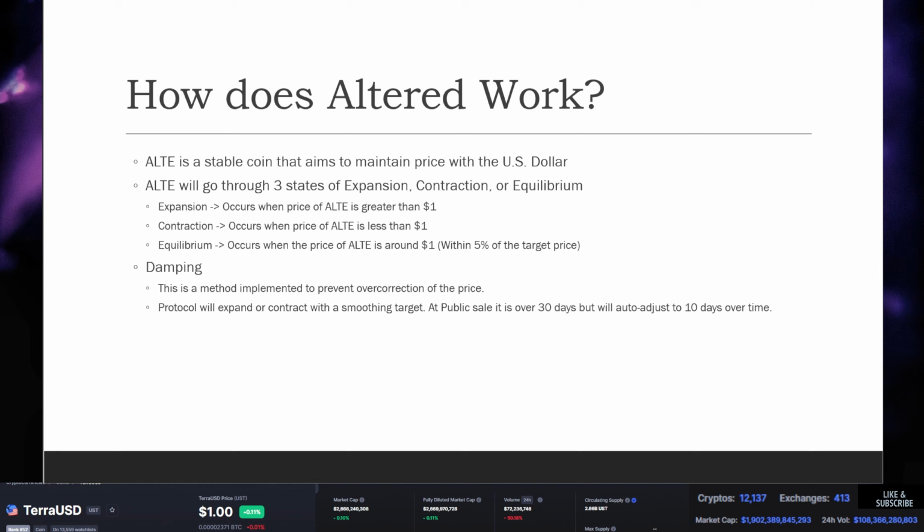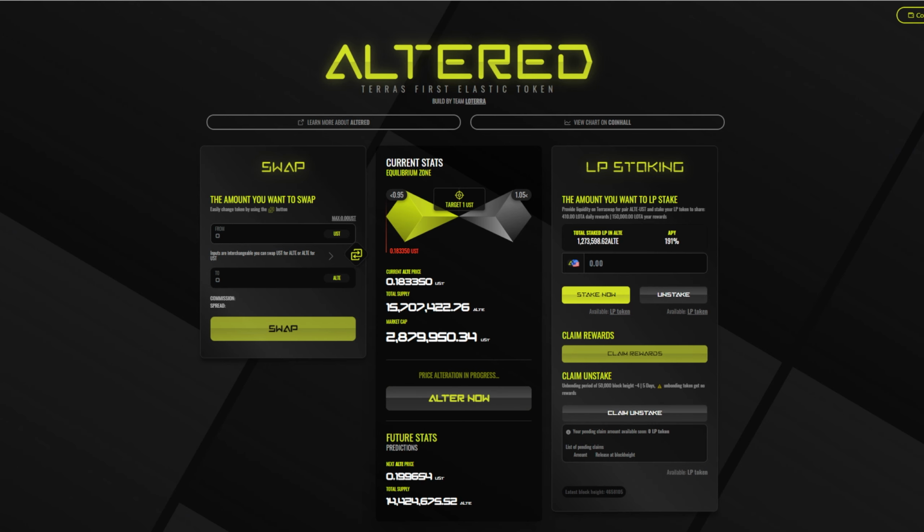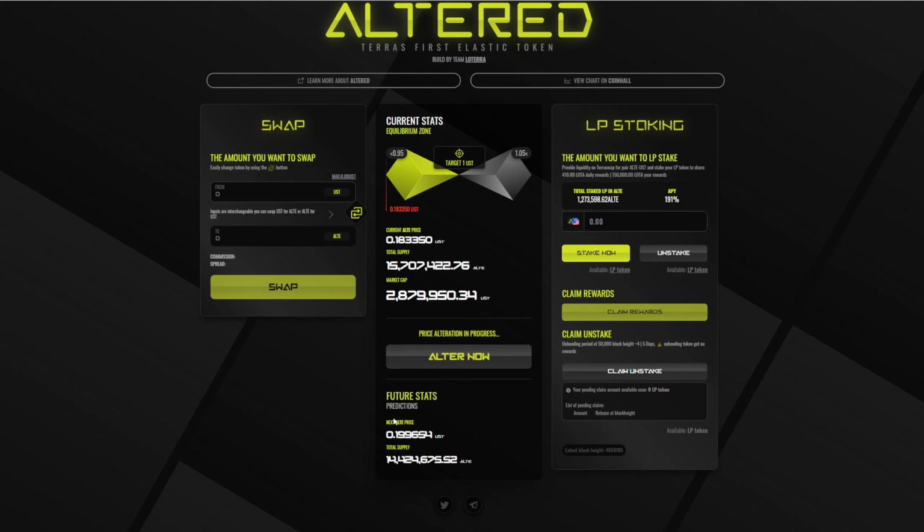So how does Altered work, you might ask? Well, Altered works in a somewhat basic fashion at its top level. It's a stablecoin that aims to maintain the price with the US dollar or within 5% of the US dollar, so within 5% of a dollar, i.e. 95 cents to $1.05, at least currently. It can go through 3 different states: expansion, contraction, and equilibrium.